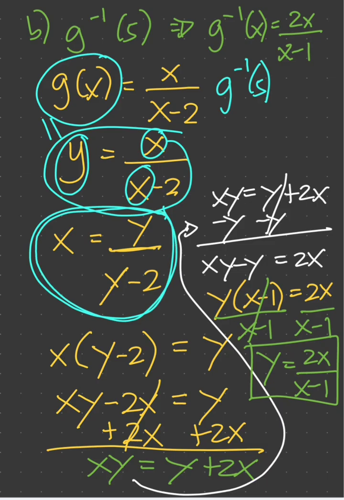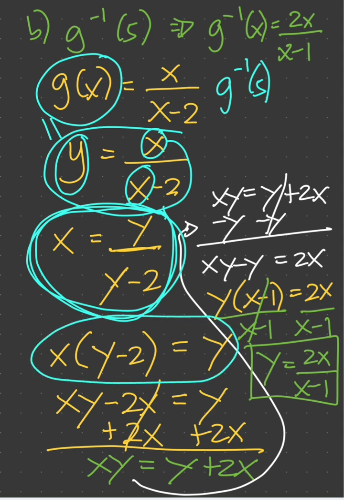Equation x equals y over y minus 2. We've already replaced x with y and y with x. Now we need to solve y from this equation. So we multiply both sides by y minus 2. That's why we have this equation here. You got that?